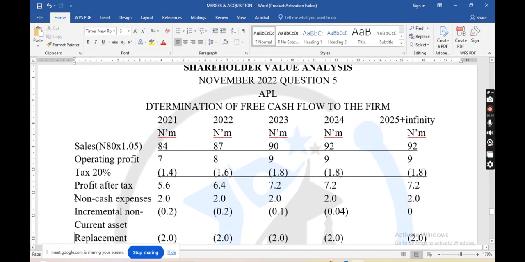Then, in order to increase the shareholders' value, there are 7 drivers that could affect the value.